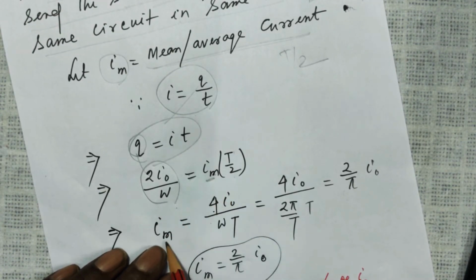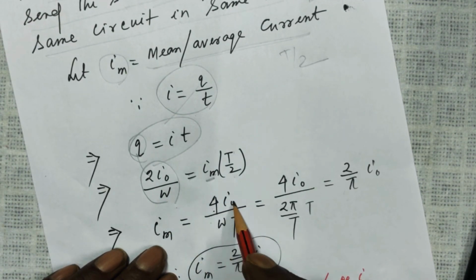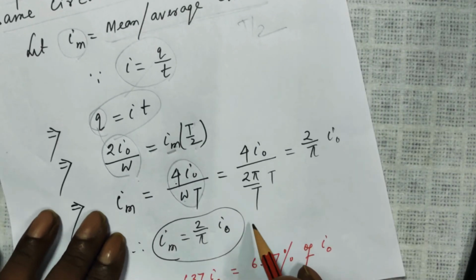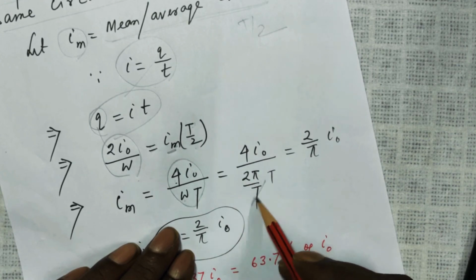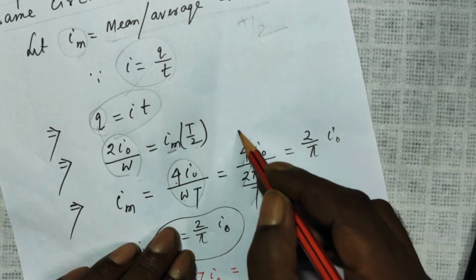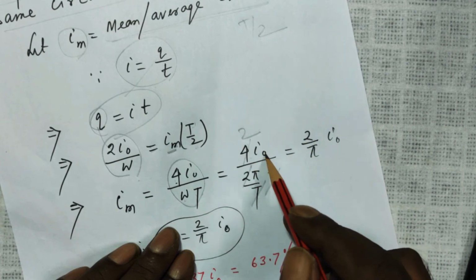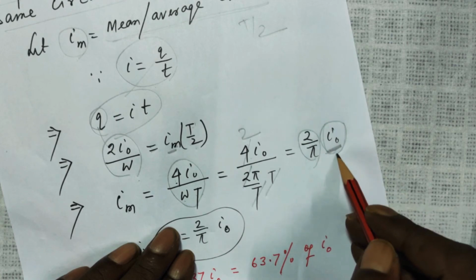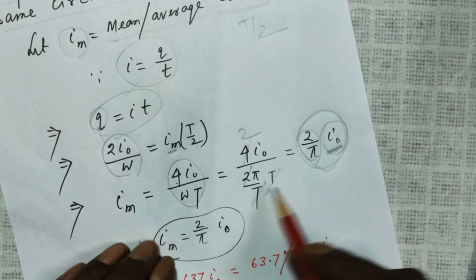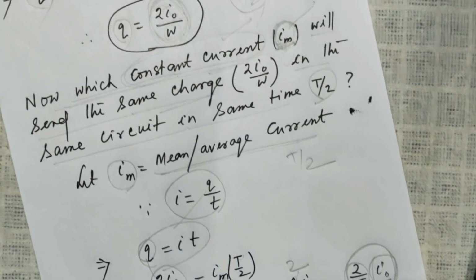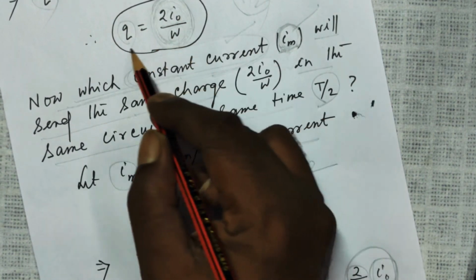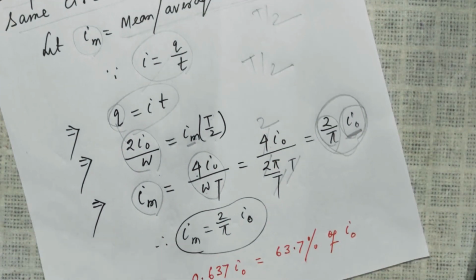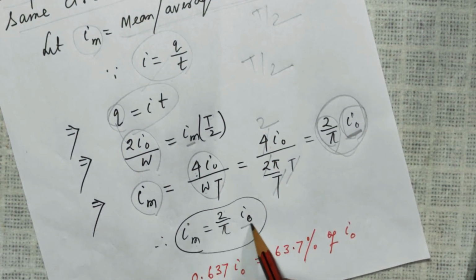Therefore I mean is equal to 2 comes here, becomes 4 I naught, T comes here, omega T. Now omega is 2 pi by T, T cancels, and 2 cancels with this. So 2 I naught over pi, times the maximum value of the alternating current, is that constant current which will send the same charge 2 I naught by omega in the circuit in time T by 2. Therefore I mean is equal to 2 by pi times I naught.